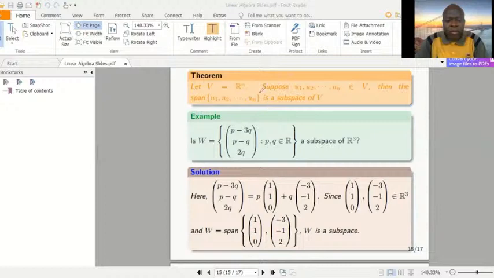So what we need to show therefore is that this vector here can be written as a linear combination of other vectors, which would then mean that those other vectors span R3. And so if that happens, then it means that this set is a subspace. So the question is, show that this is a subspace.